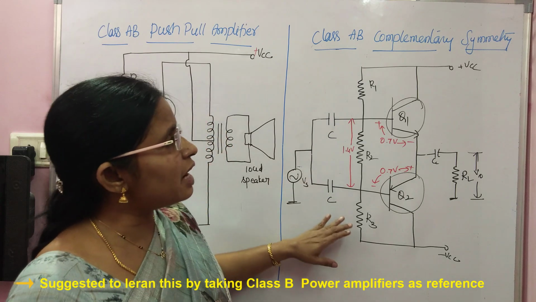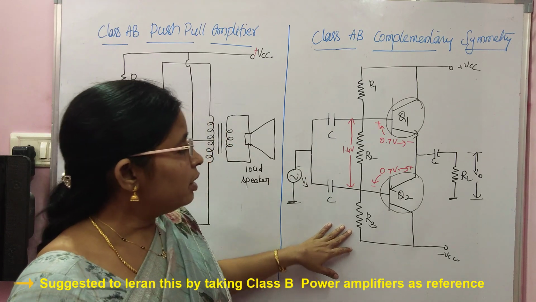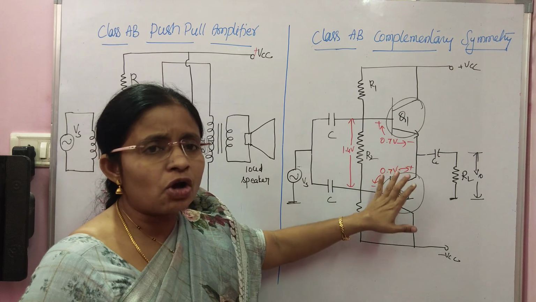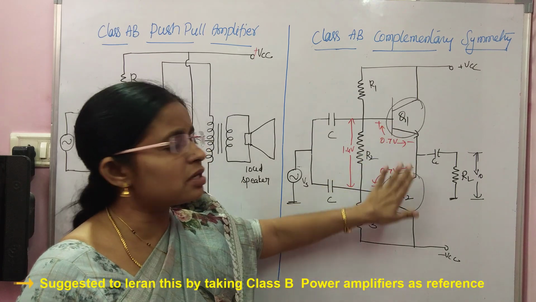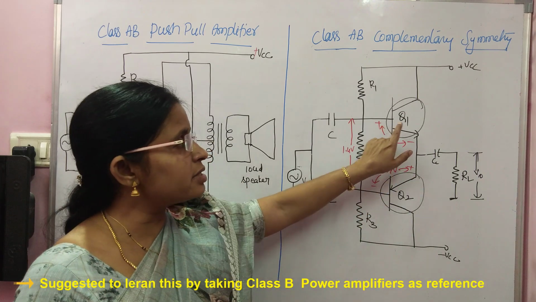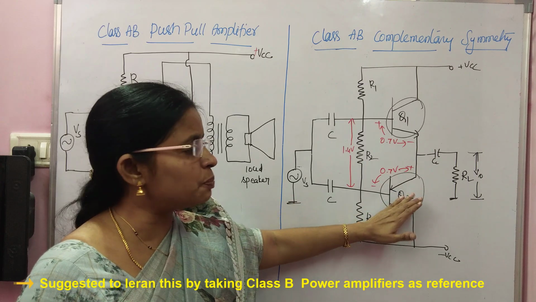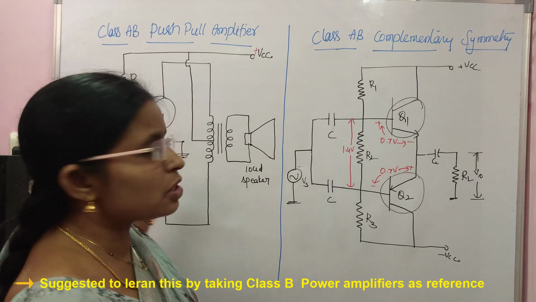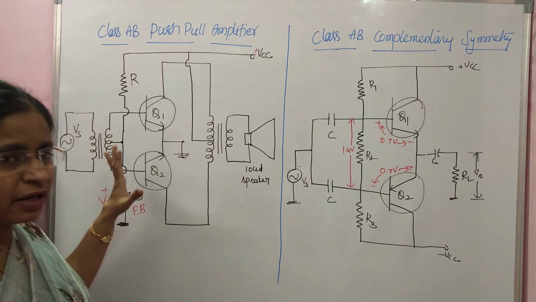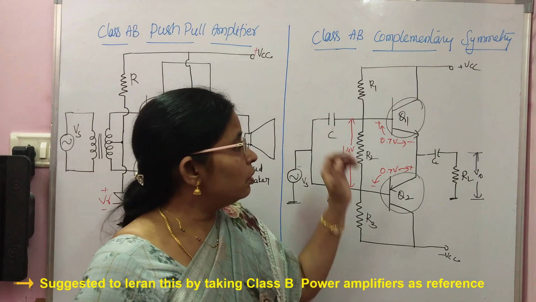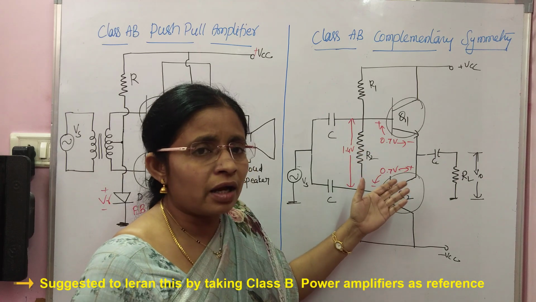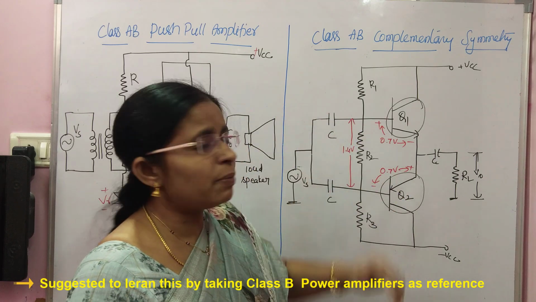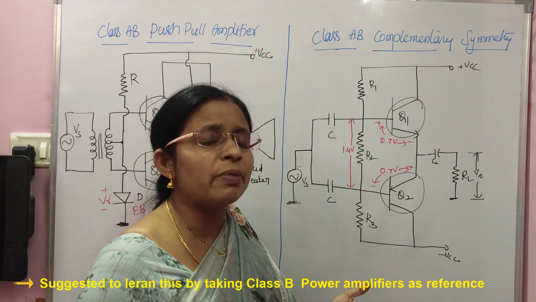Coming to class AB complementary symmetry. In complementary symmetry, the transistors are different: one is an NPN transistor and another one is PNP. In the case of push-pull, the transistors are similar. So what is the difference between class B complementary symmetry and class AB complementary symmetry?